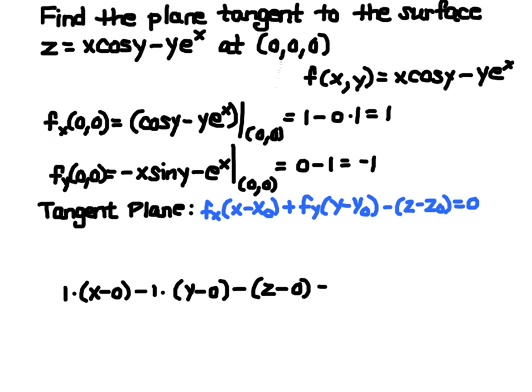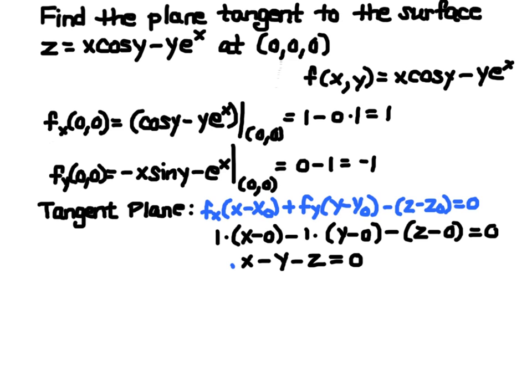And this is all equal to 0. So let's simplify this, and we get 1 times x, which is x, minus y minus z is equal to 0. So this is the equation for our tangent plane.